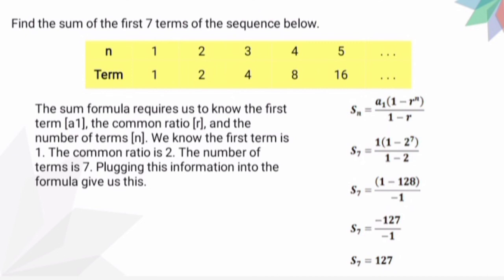We know the first term is 1, the common ratio is 2, and the number of terms is 7. Plugging this information into the formula gives us this. You can see the picture. The result: Sn equals 127.